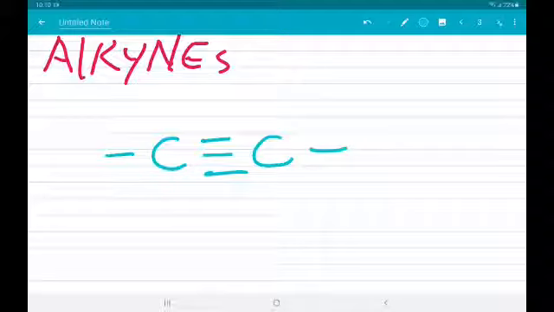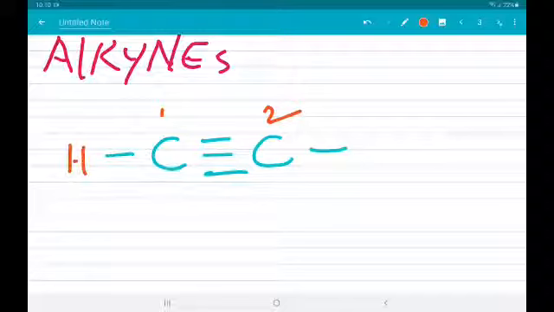Now treat this as the first carbon and this as the second carbon. Since this is the first carbon, it is going to end by linking to hydrogen. Now count how many bonds this carbon has: 1, 2, 3 and 4. Coming to the second carbon, this carbon also has 1, 2, 3, 4.